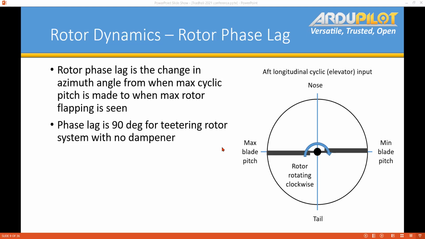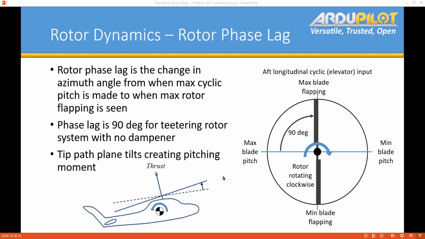So for a teetering rotor system that doesn't have any type of stiffness in it, a free teetering rotor system, you basically just get an aft tilt of the rotor system. Because it doesn't have any type of moment connection into the shaft, it's just tilting that tip path plane back. And our thrust vector, we say, is perpendicular to that tip path plane. So that then causes a moment about the CG for the pitch motion.